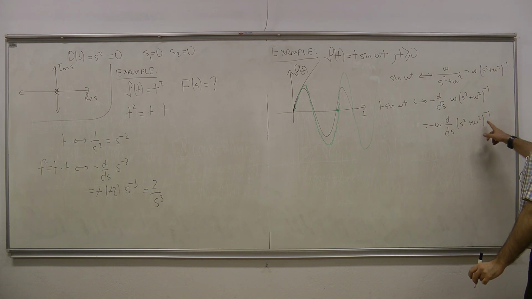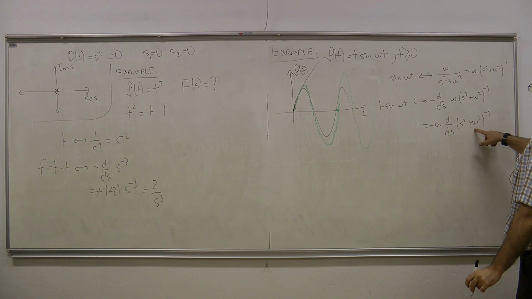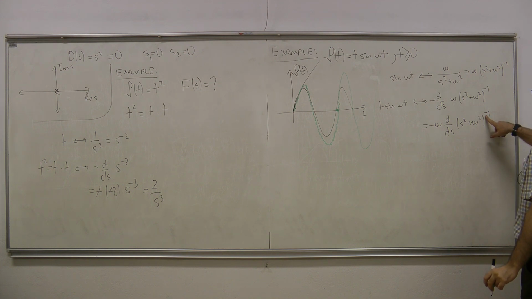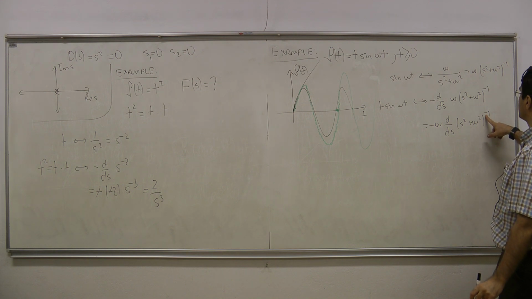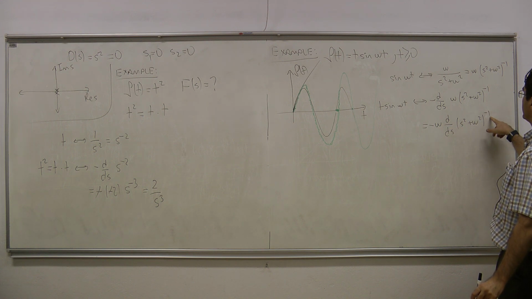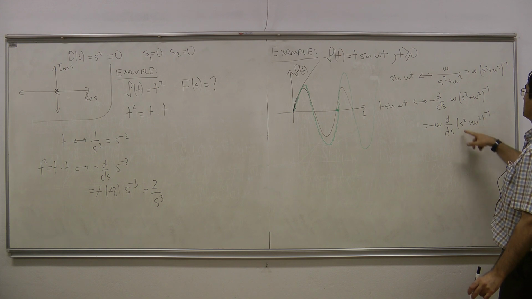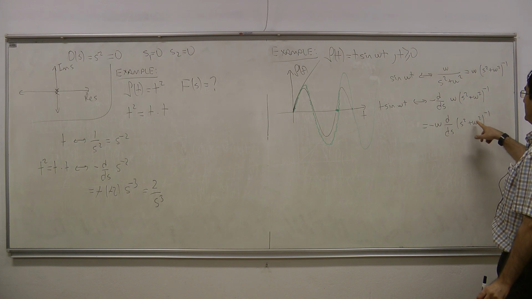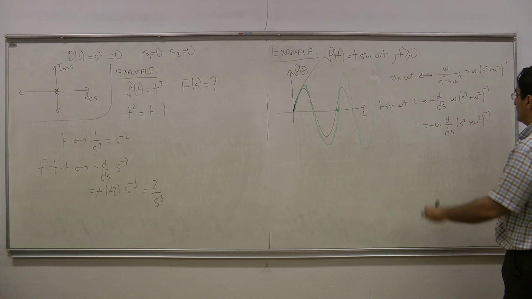So let me take the derivative of this thing. I have some function of s taken to the power of minus 1. This minus 1 will come to the front, and I would have minus 2 here. And then I will take the derivative of the inside, the parentheses, with respect to s. Okay?